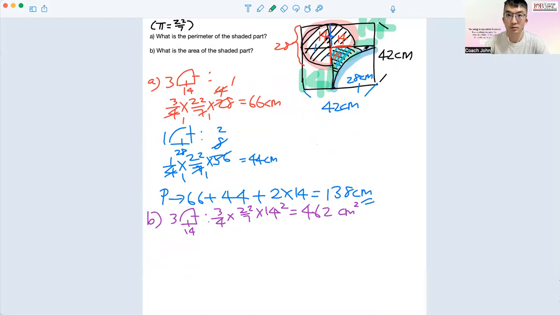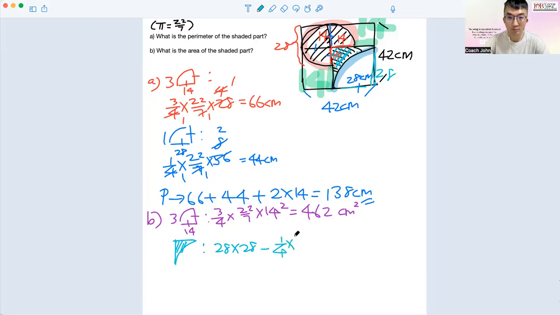Okay, so what you have is actually like this, like a boomerang. So you have the square, which is 28 times 28. Yeah, 28 times 28. For a moment, I forgot that the radius is the same, right?